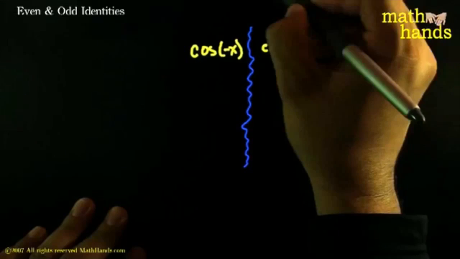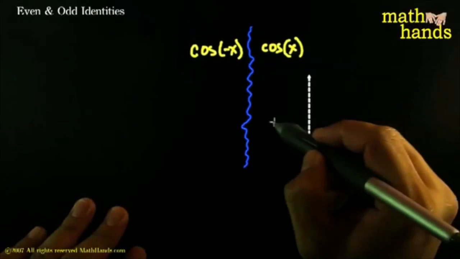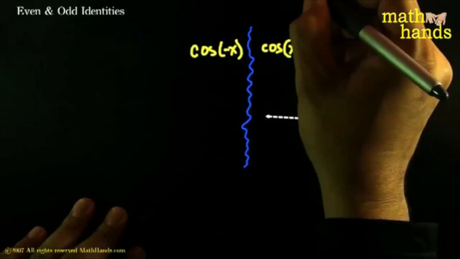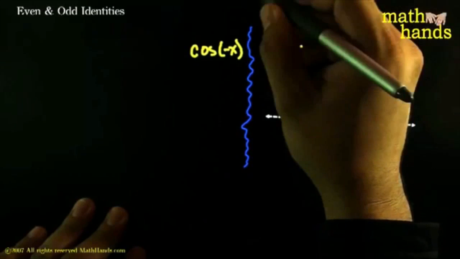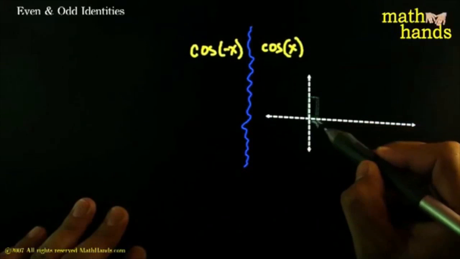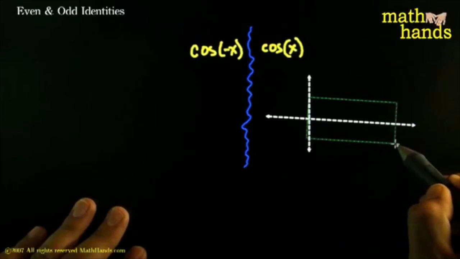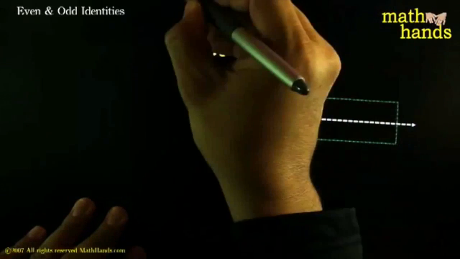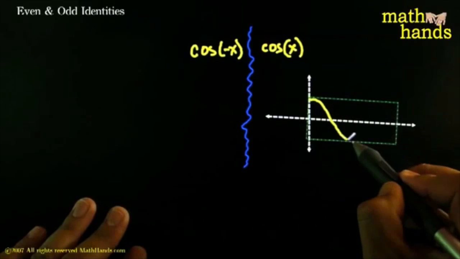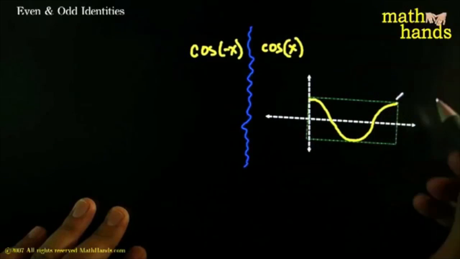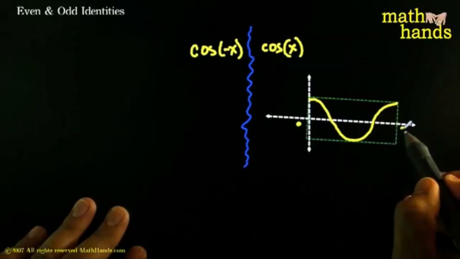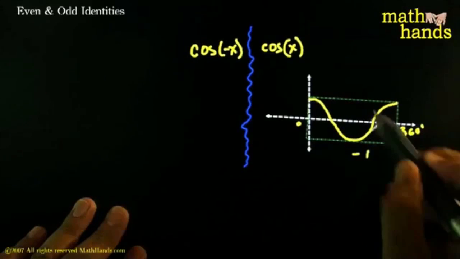So this one is pretty easy to graph. The graph is the standard one that we've graphed millions of times. It goes something like this, and the graph stays in there something like that, right? And it goes from 0 to 360, from -1 to 1.